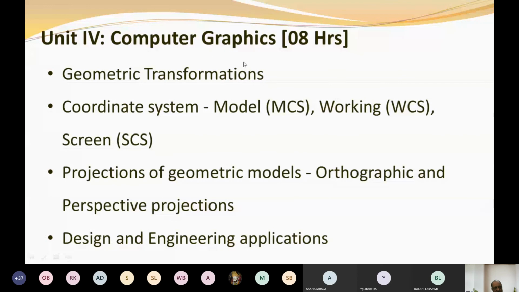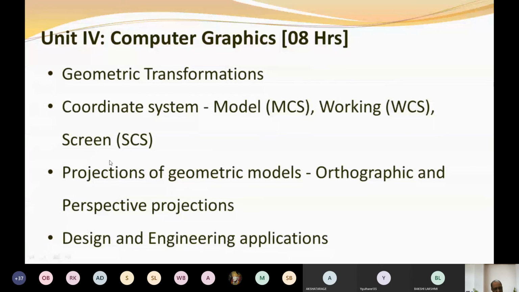Now computer graphics. In computer graphics, we will learn geometric transformation, then various coordinate systems, that is, the model coordinate system, working coordinate system, screen coordinate system, or global coordinate system. Different coordinate systems are used when you are constructing a particular model.